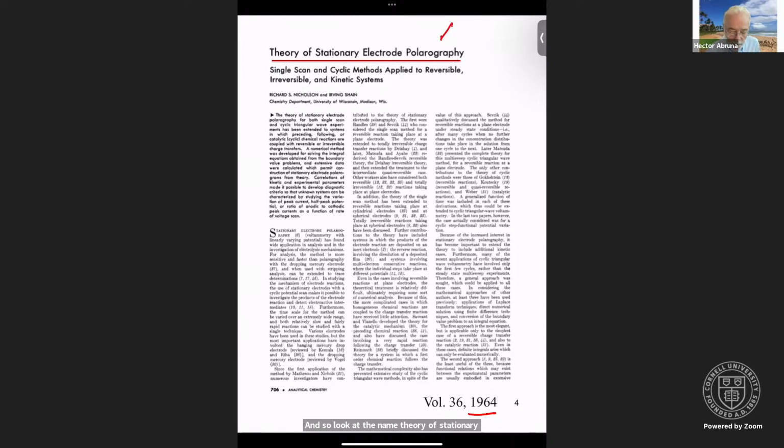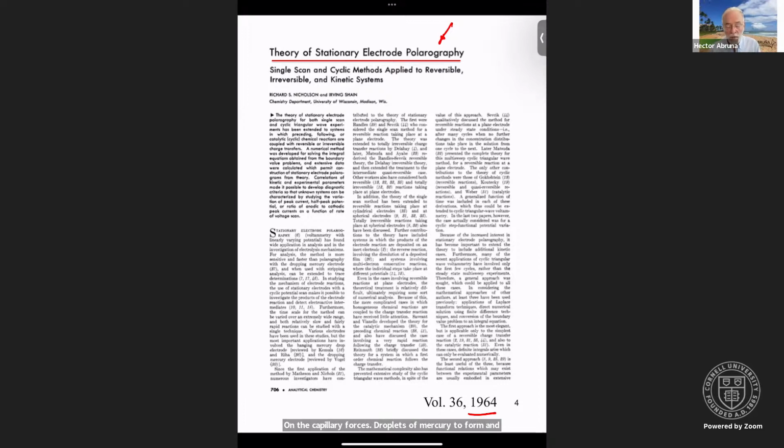For those of you who are not familiar, polarography is an electrochemical technique that involves a so-called dropping mercury electrode. As we alluded to yesterday, a dropping mercury electrode has a capillary with a huge reservoir of mercury on top. The capillary is typically of the order of 20 to 30 microns, and the pressure of the mercury forces droplets to form, and then when they get too heavy, they drop.